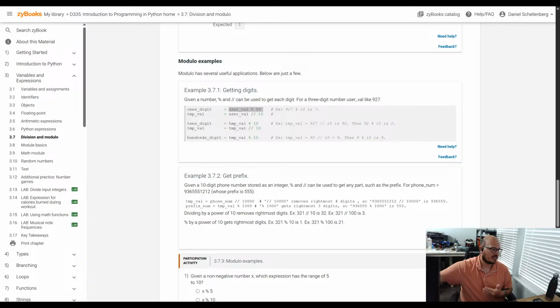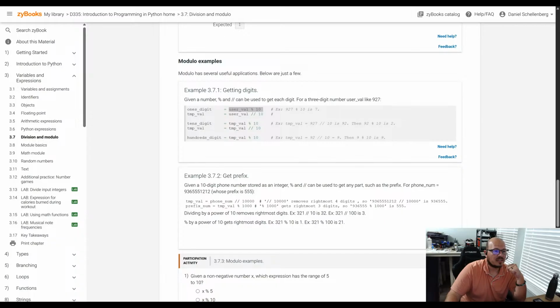Basically, we discard the 0.7 and keep 92. Then we do 10 times 92, that's 920. So how many more units from 920 do we need to get to 927? How many remainder numbers is there? It is 7. So I feel like we're getting a really good grasp on this.